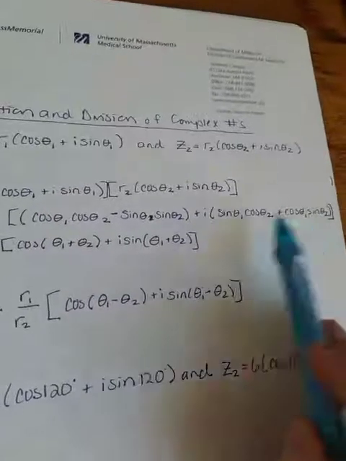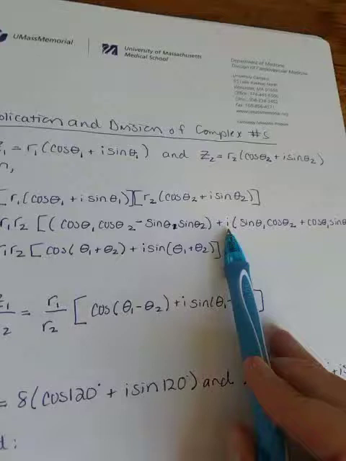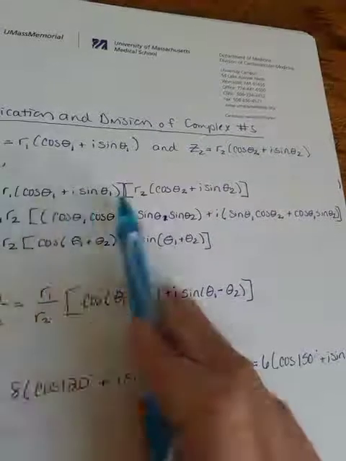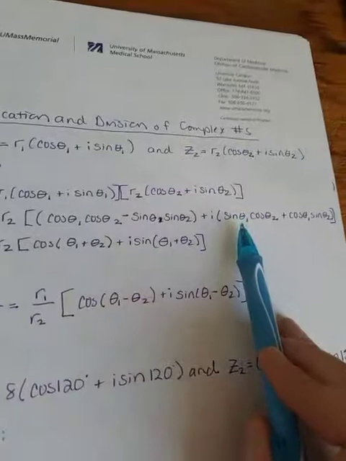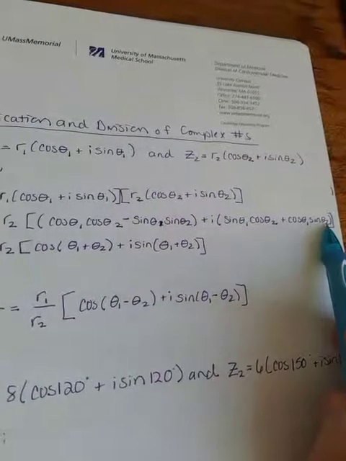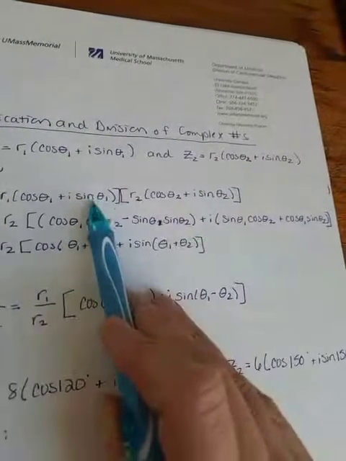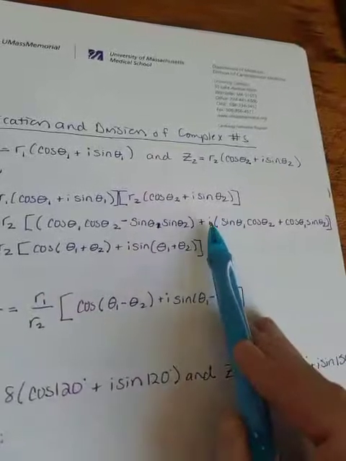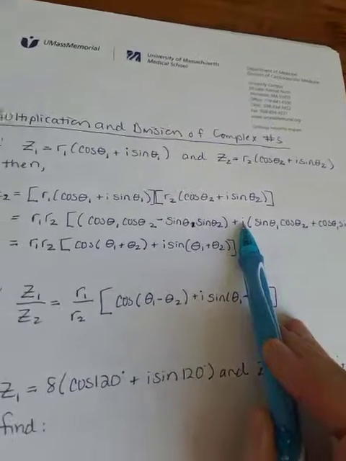And then back here, I will group together the i terms while I'm foiling. So that's going to be your outer and your inner: cosine theta sub 1, i sine theta sub 2, and then your other one, i sine theta sub 1, cosine theta sub 2. Both of those have an i, so I just factored that out.